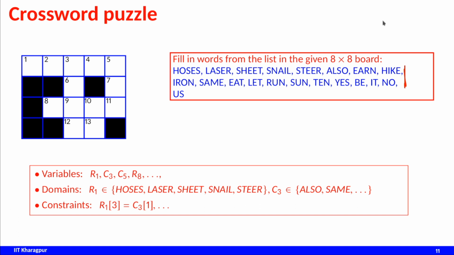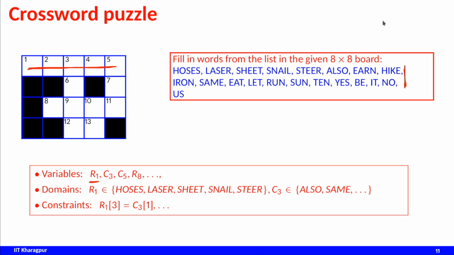Now in order to model this problem, we need to define the variables. So what we can do is say that we have a variable r1, which basically means what I can put on this row. So when I have this one, that means I have to put a word which has 5 characters.